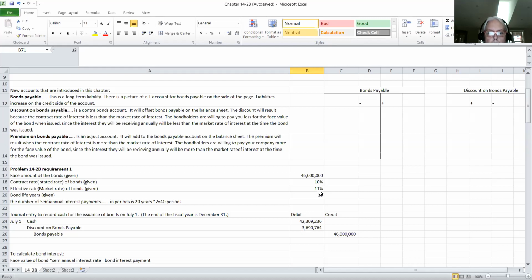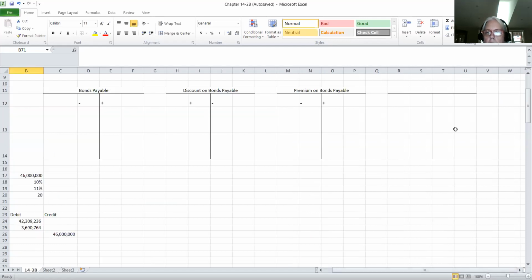If the market rate had been less than the contract rate of interest, there would have been a premium on bonds payable, or a credit to the premium account.